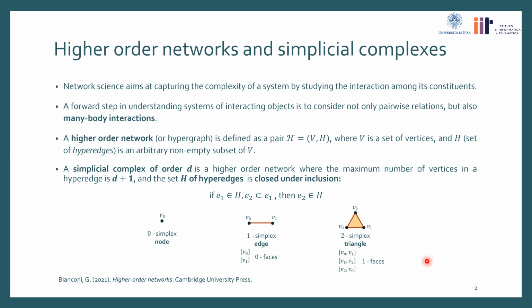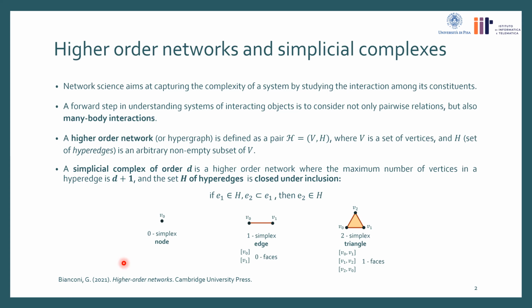So a simplicial complex is a subclass of hypergraphs, which is less general in the sense that the hyperedges that form a simplicial complex have to satisfy the property of being closed under inclusion. What does it mean?